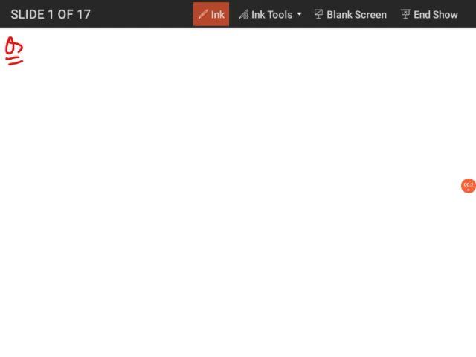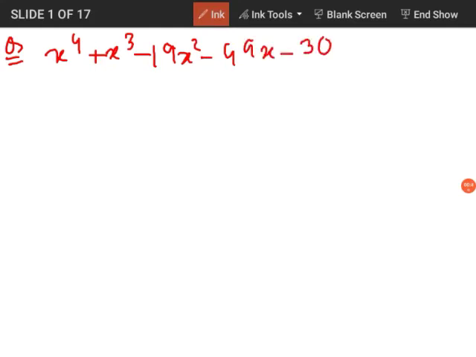The question is: if the equation x raised to the power 4 plus x cube minus 19x square minus 49x minus 30 is equal to 0 has rational roots, then find the roots. So this equation has rational roots and you are asked to find them.